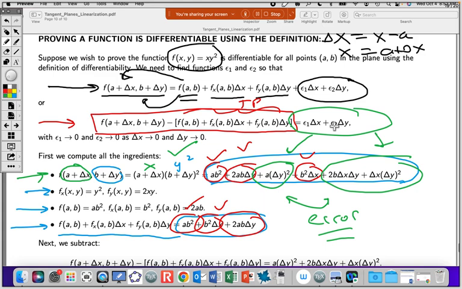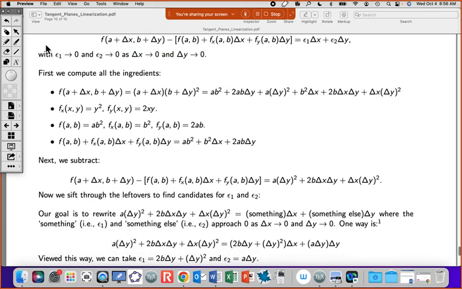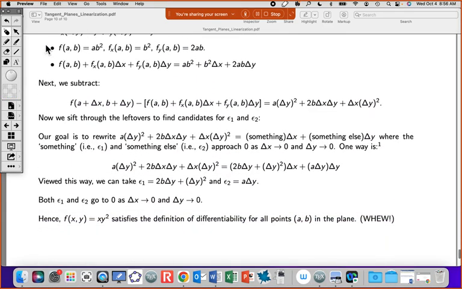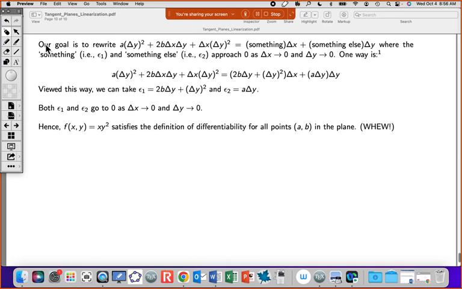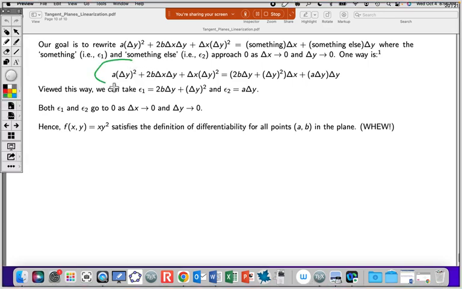So I need to take some of it, write it as an epsilon 1 delta x and an epsilon 2 delta y, where the individual epsilons go to 0 as delta x and delta y go to 0. So it turns out there's a couple different ways you can do that. So I could take what we have here.